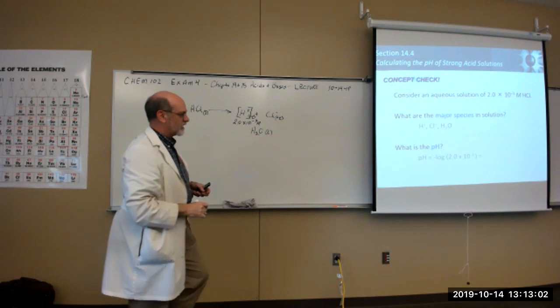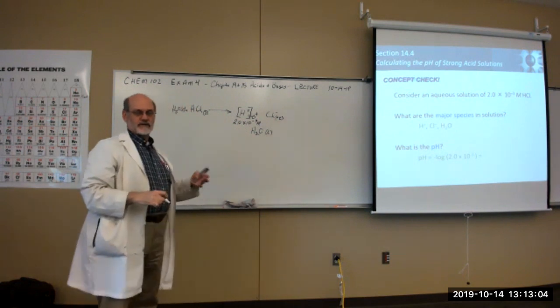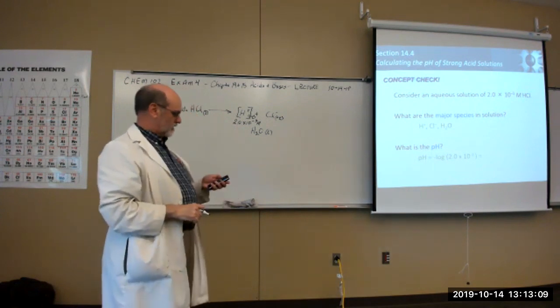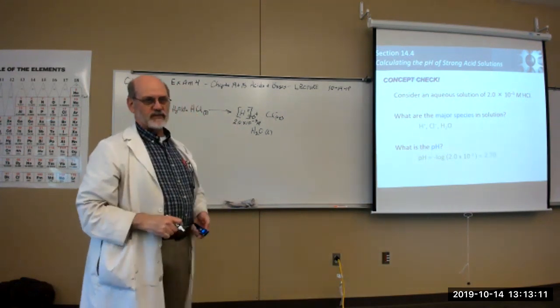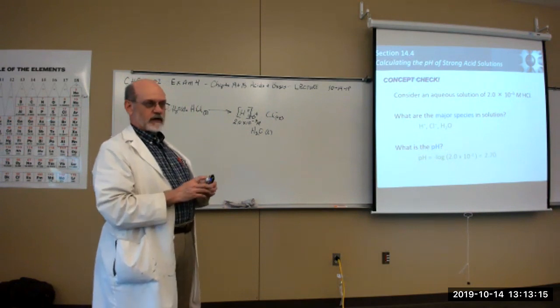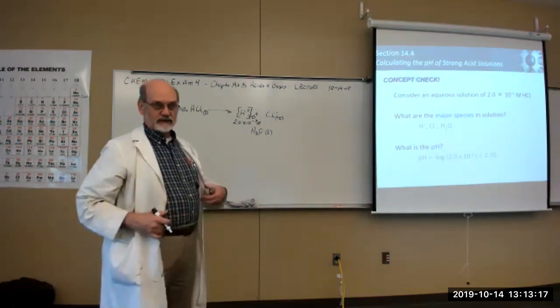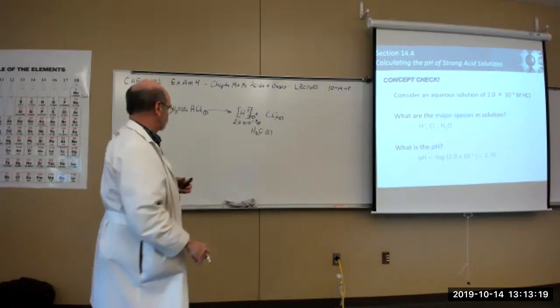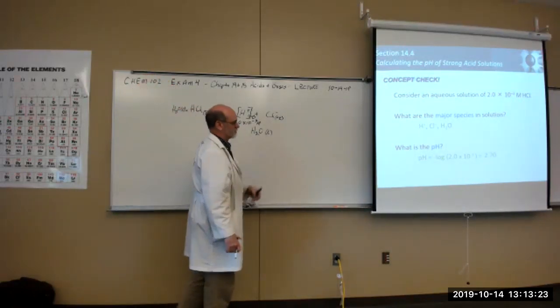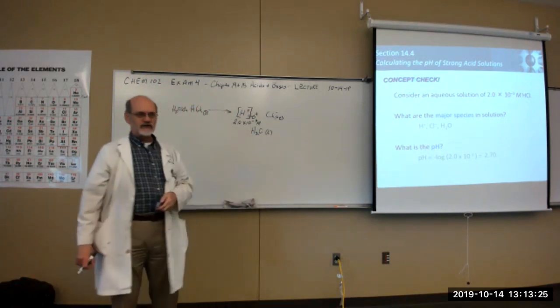So the pH then is, just by definition, the negative log of 2 times 10 to the minus third, which is 2.7. Okay, that's what you do with a strong acid or a strong base. It essentially goes to completion. There's no equilibrium situation at all.